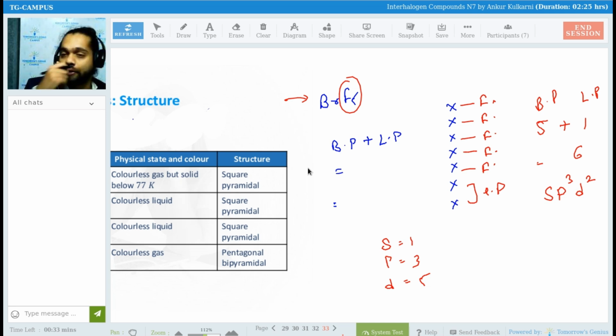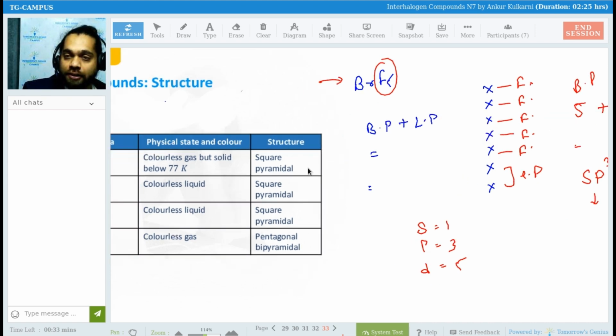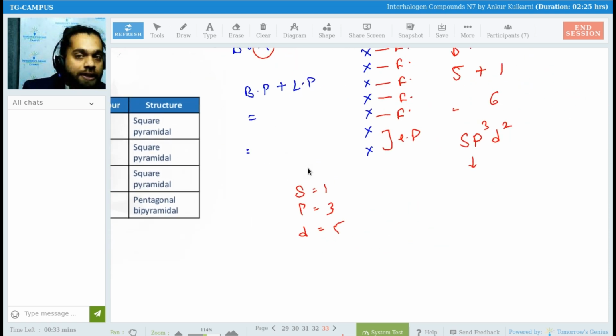What is the geometry for sp3d2? Come on, it is common one. It is octahedral.